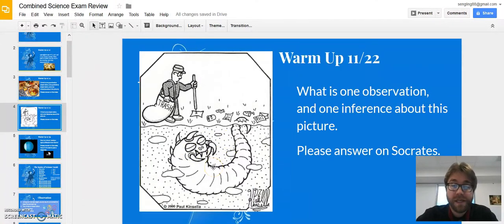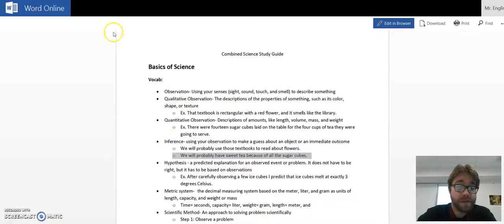So an inference that we can make about this picture is that if the man stabs this tail here, the monster might eat him. We don't know that's going to happen, but we can guess that this will probably happen. We can also guess that maybe the monster will stay asleep. We don't know. A guess doesn't have to be right. An inference does not have to be correct.